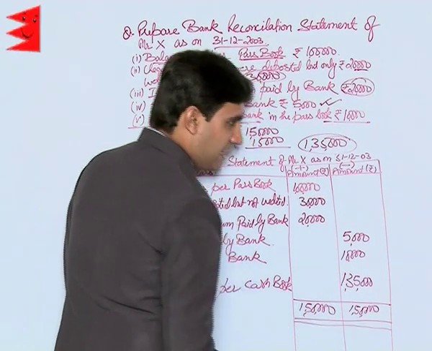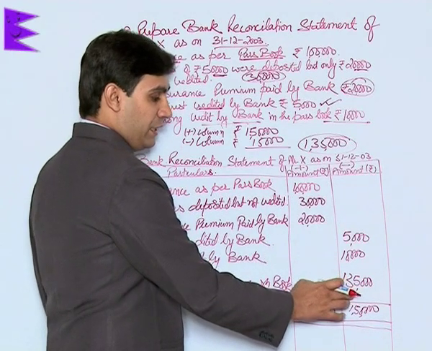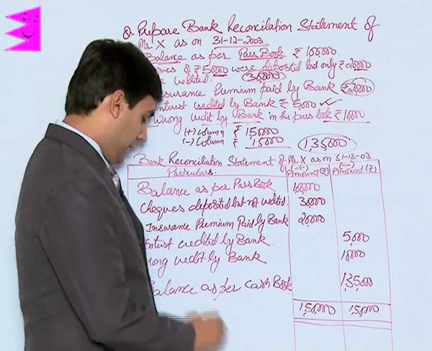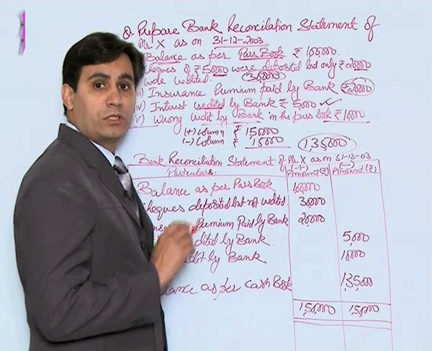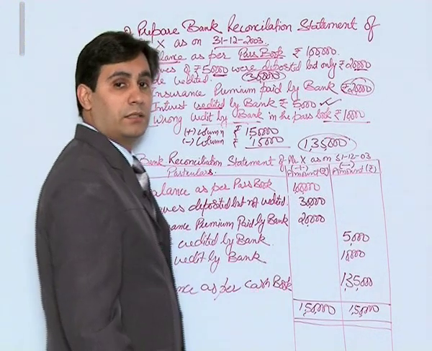Remember one thing, students, just as in the balancing of accounts, this amount is appearing on the negative column just to make the total equal. Actually it is the positive balance. So the cash book is actually showing a positive balance of rupees 1,35,000.